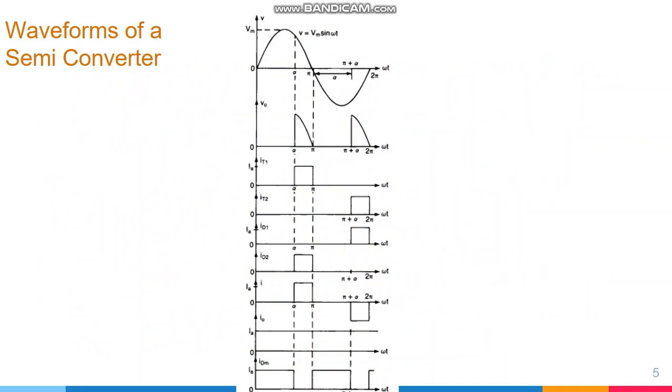Now let us see the waveforms of a semiconverter. This is the waveform of my input side. This is the input signal, V equal to Vm sin omega t. It is a sinusoidal source, and this is the output voltage.